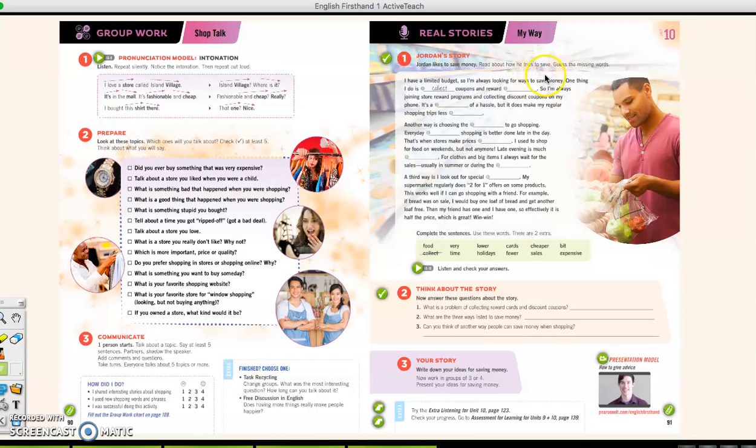So read about how he tries to save money, guess the missing words without looking at the word bank at the bottom here. Food, very, lower, cards, cheaper, bit, time, holidays, fewer, sales, expensive. So take a look at those words down there and fill in the blanks with what you feel is the correct word.